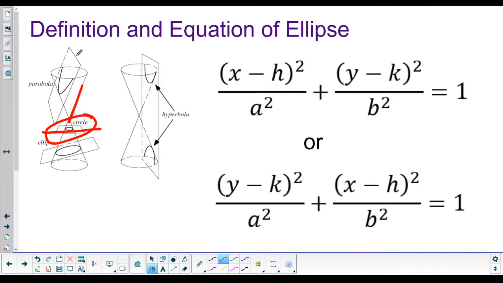But if we tilt this a little bit so that it does come out the other side, what ends up happening is our parabola closes off and then we get an oval. Exciting, right? So we've got the ellipse by slicing diagonally through one of the cones, making sure we come out the other side.